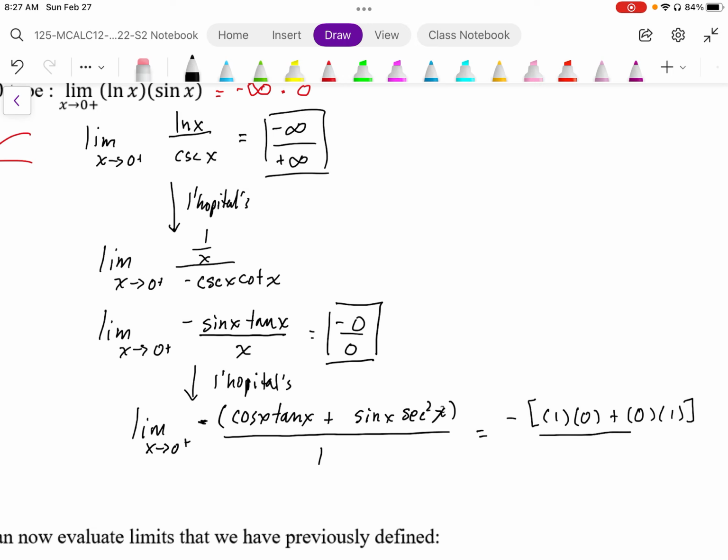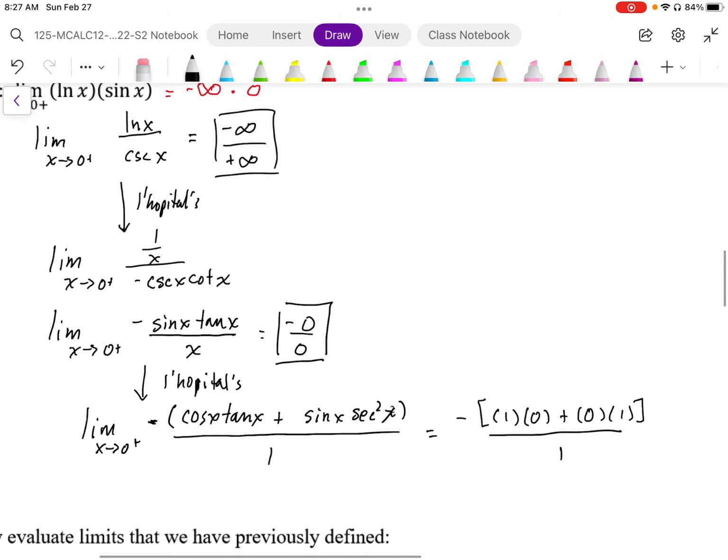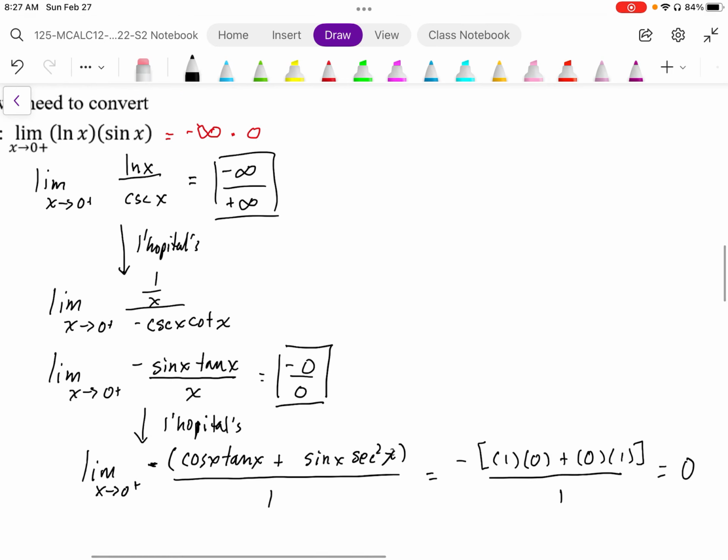And that's all over 1. So this limit ends up at 0. So the limit of that original expression, the limit as x approaches 0 from the positive side of log x sine x, is equal to 0.